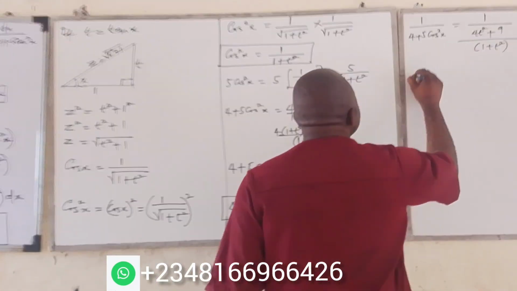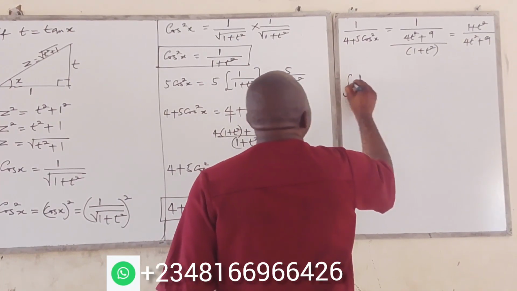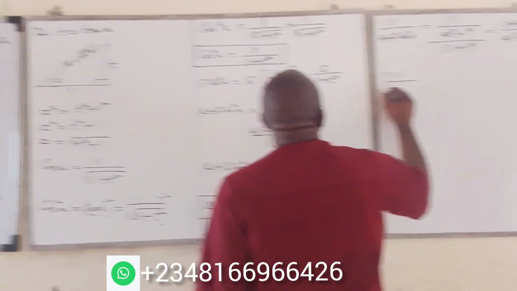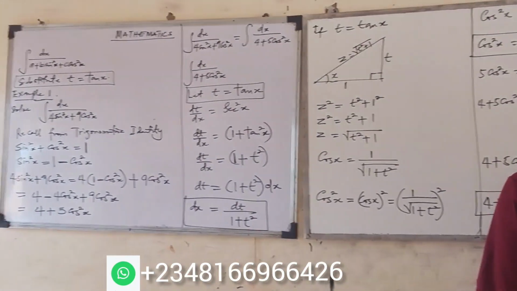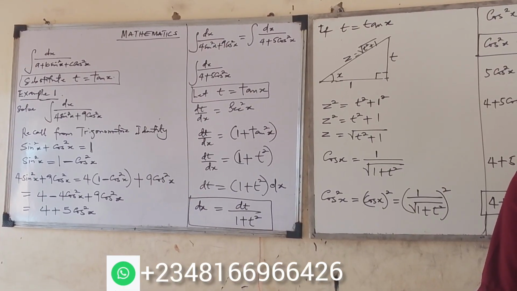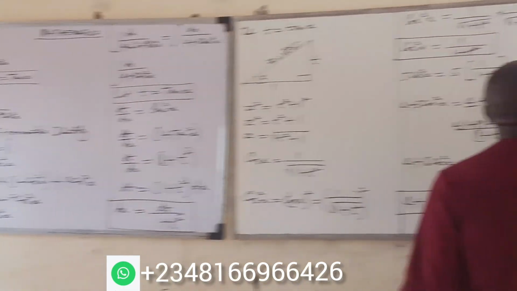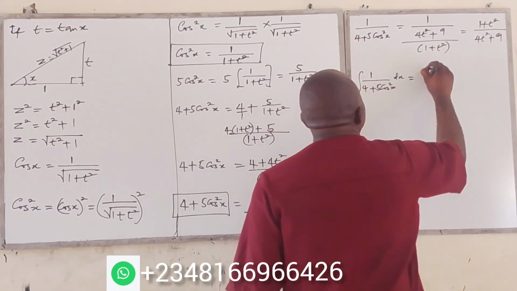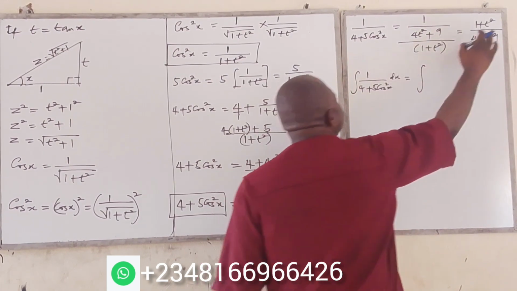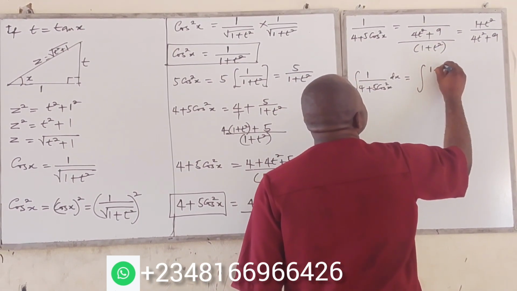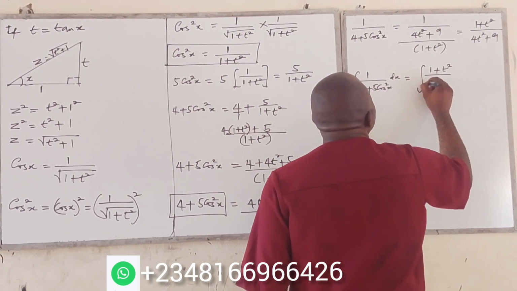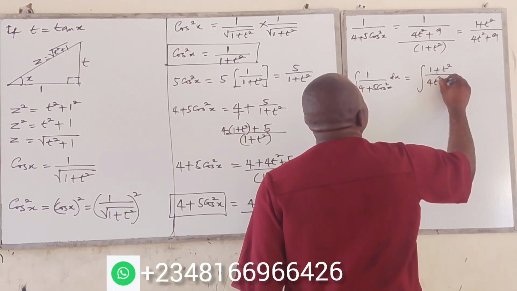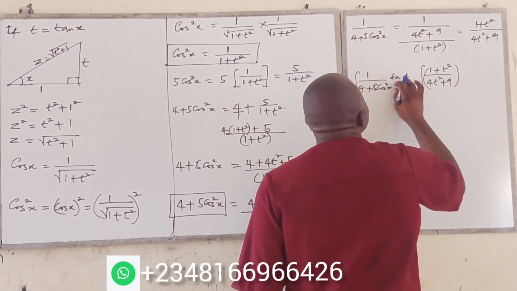So the integral of 1 all over 4 plus 5 cos square x, dx, will be equal to the integral of the whole of this, which is (1 plus t squared) all over (4t squared plus 9), then here we have dx.